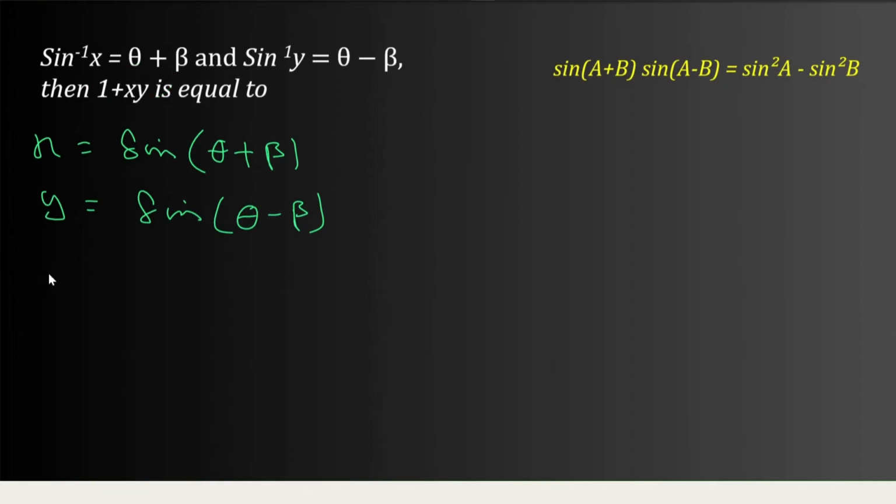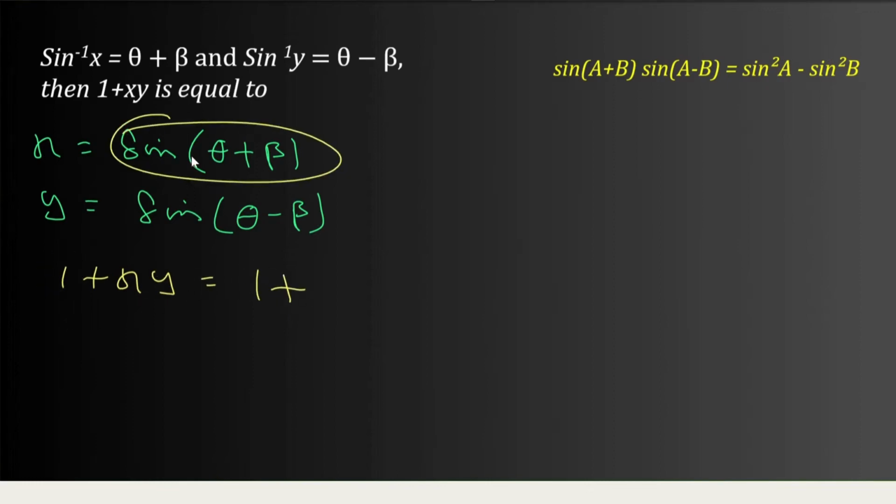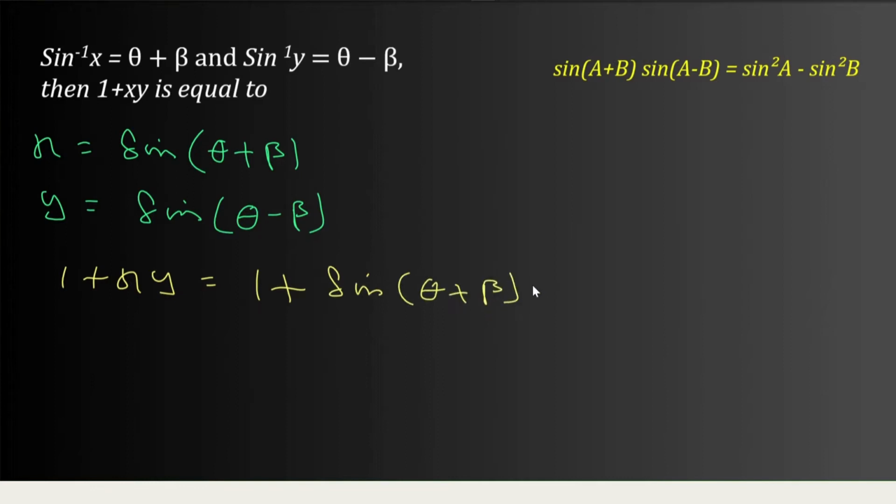Now check, we have to get 1 plus xy. So if I replace, 1 plus xy is equal to 1, and x will be replaced with this and y with this. So it results in sine theta plus beta multiplied by sine theta minus beta.